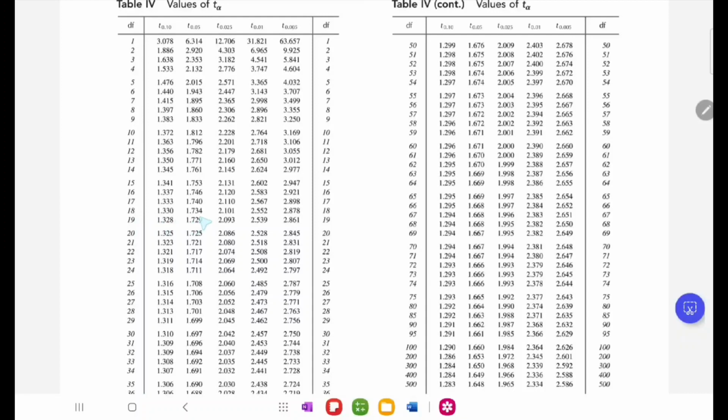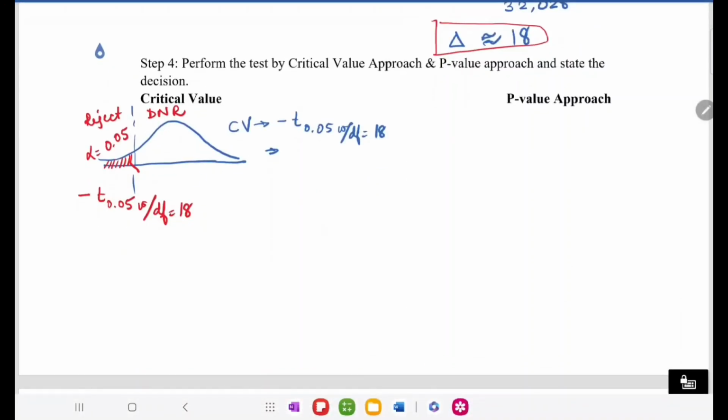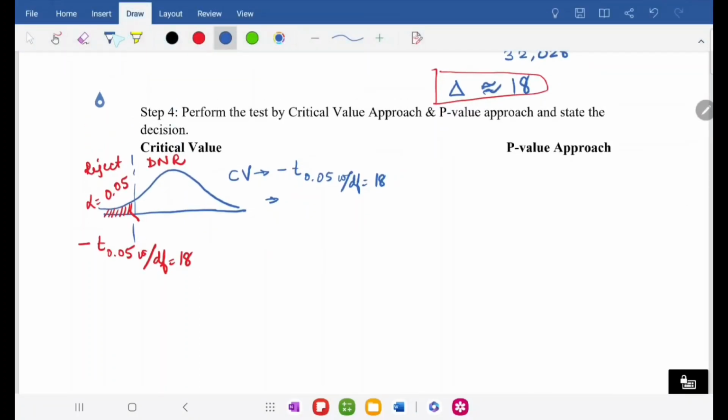It was negative 1.734. Now negative just because it's a left tail test, all right? So the center point is here, which is mu sub 1 minus mu sub 2. So this is negative 1.734.